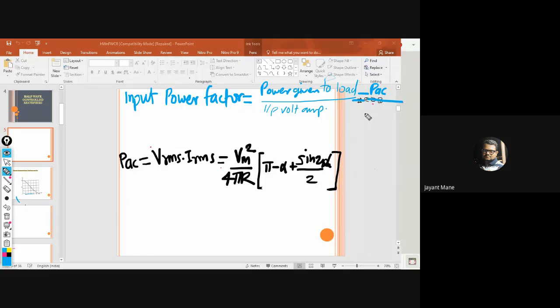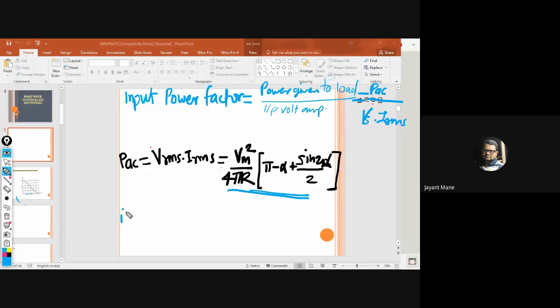PAC divided by input voltage, that is VS into IRMS. So PAC we have already calculated here.